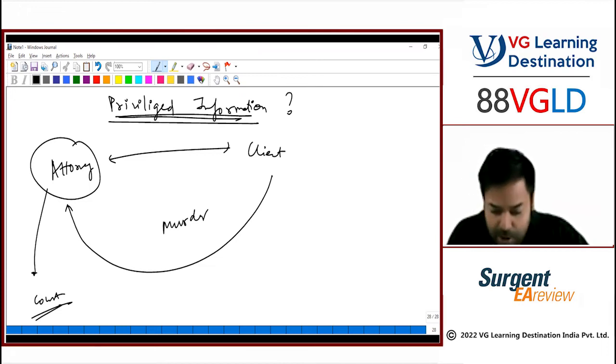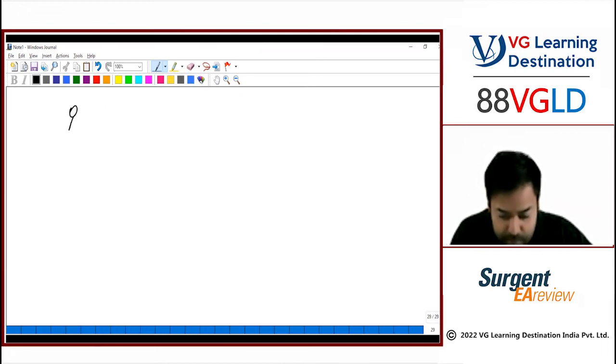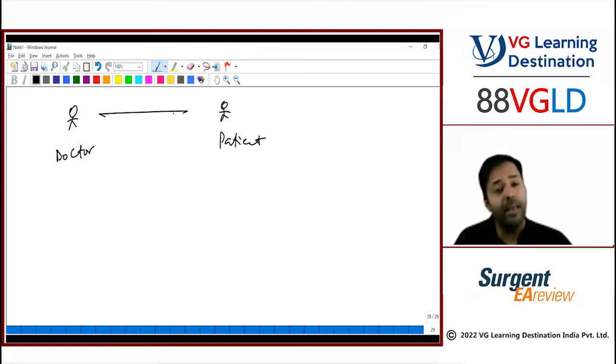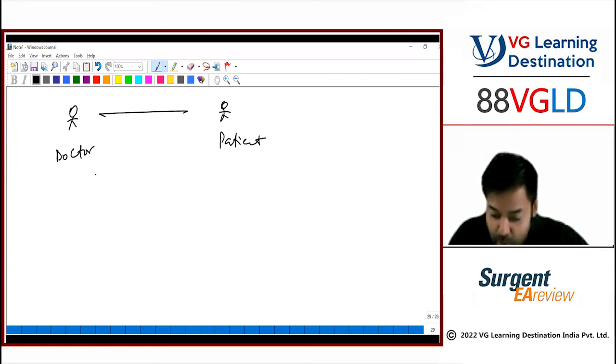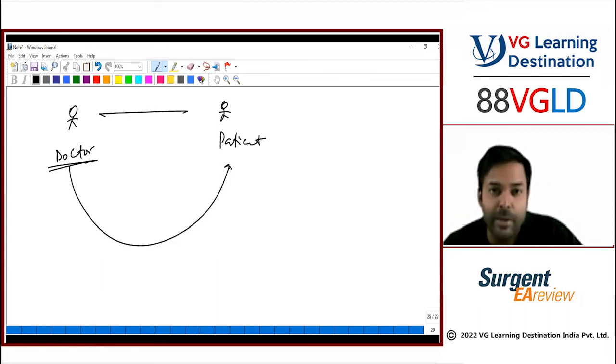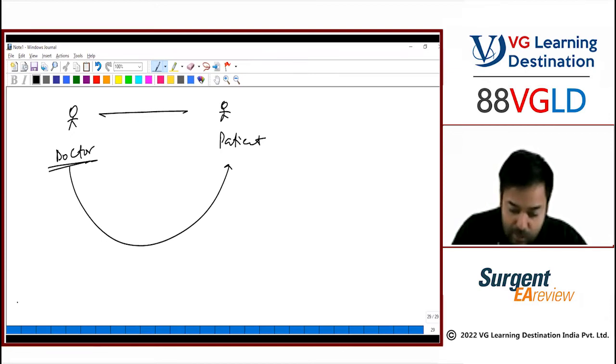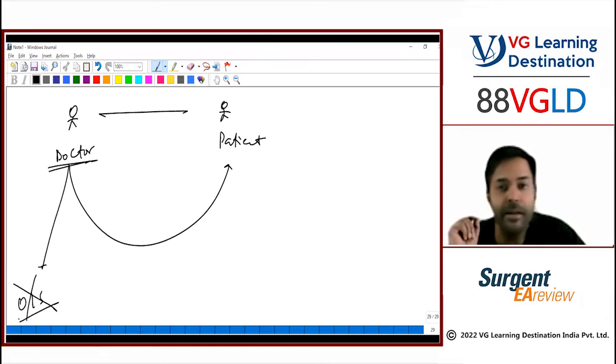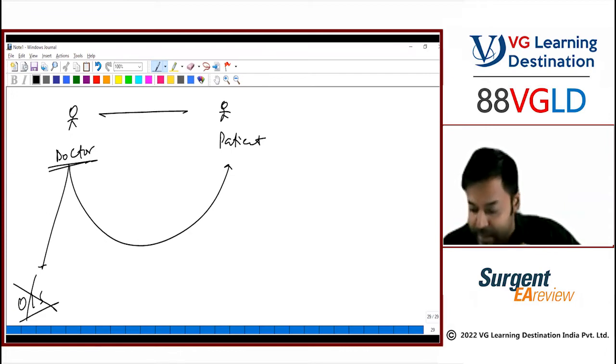For example, a doctor and the patient. That's also privileged information, privileged communication, a privileged relationship. If the doctor is aware of any disease of the patient, the doctor is not going to tell outside people. That's the doctor-patient privileged conversation. Is that clear, guys?